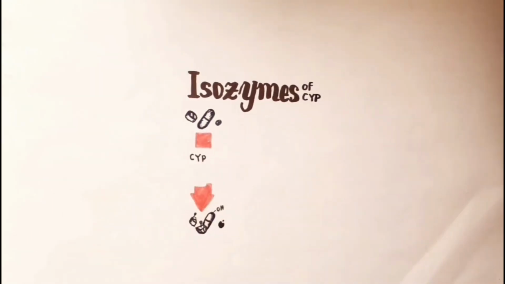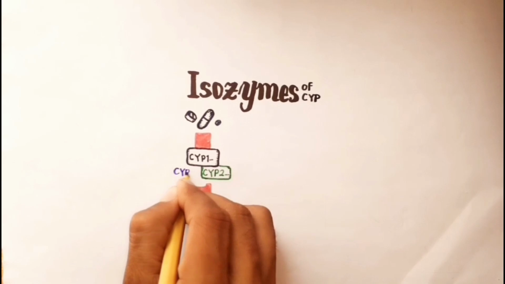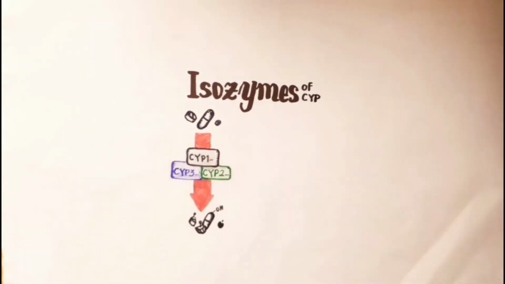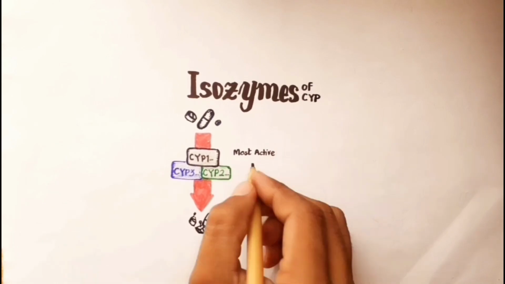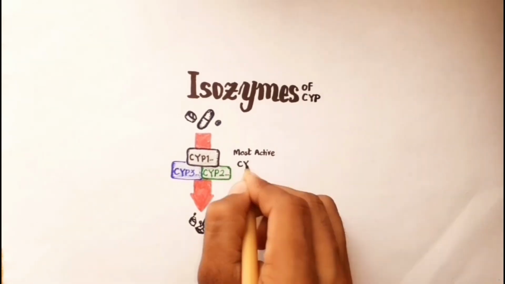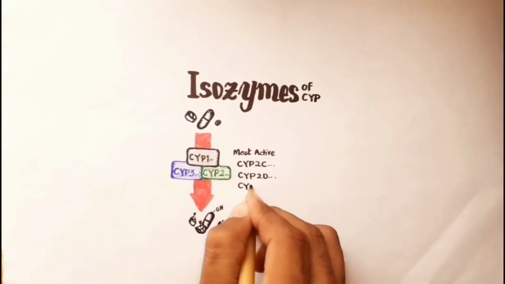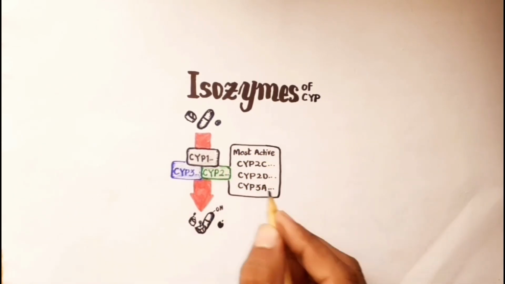In human beings, isozymes that fall into families CYP1, CYP2, and CYP3 are primarily involved in the metabolism of most drugs, in which the most active CYPs for drug metabolism are those in the CYP2C, CYP2D, and CYP3A subfamilies.